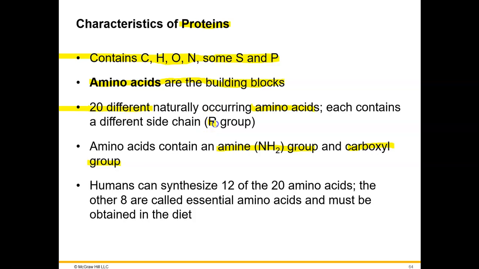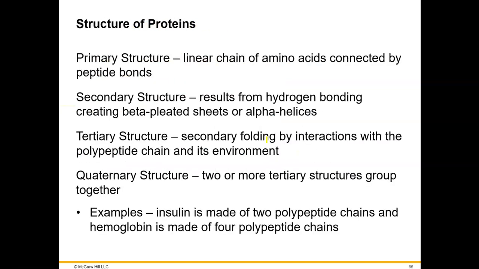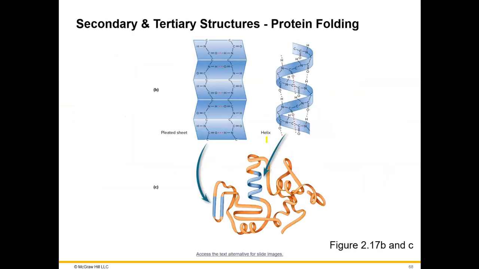And the R group, R doesn't stand for an element, it just is a variable group. So all the 20 different amino acids, what makes them different is their R group.